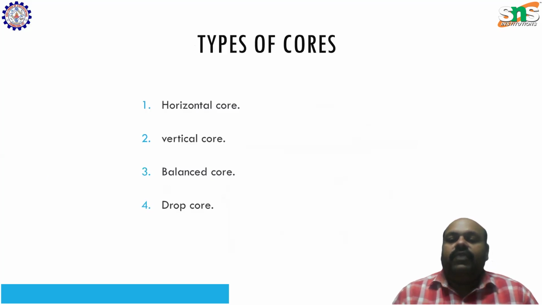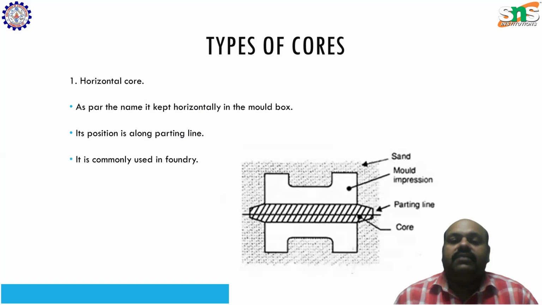Then we have four types of cores with respect to application: horizontal core, vertical core, balanced core and drop core. As per the explanations we had earlier, with the position we are classifying into two types, horizontal core and vertical core.